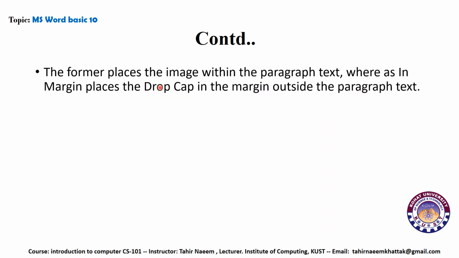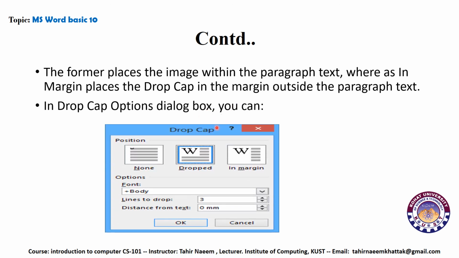The former places the drop cap within the paragraph text, as we discussed in the previous lecture, while In Margin places the drop cap in the margin outside the paragraph text. In the Drop Cap Options dialog box, as you can see, there are None, Dropped, and In Margin, and different options for what font should be used, how many lines it should drop, and what distance it should have from the text.